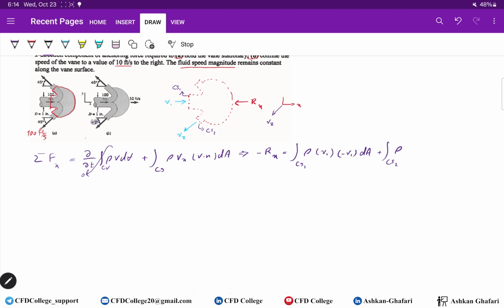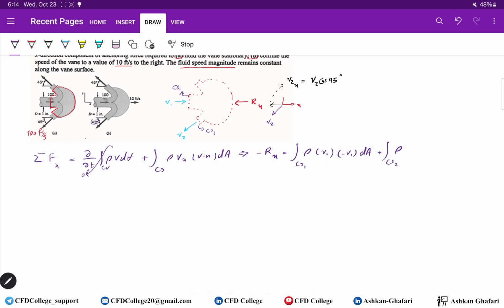So this component V2x equals V2 cosine of 45 degrees.